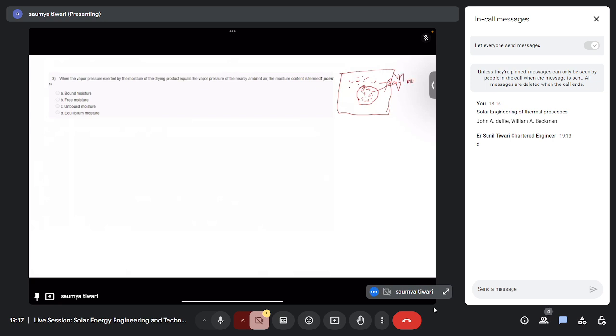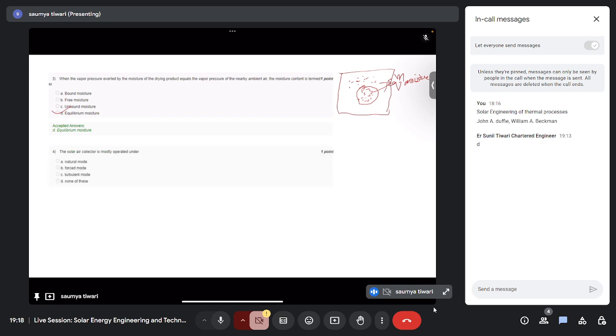Okay, so the correct option will be option D. The unbound moisture is basically trapped in the capillaries, and the free moisture is the moisture other than in the capillaries, which can be easily removed, right? So the correct option for this question will be option D, that is the equilibrium moisture.